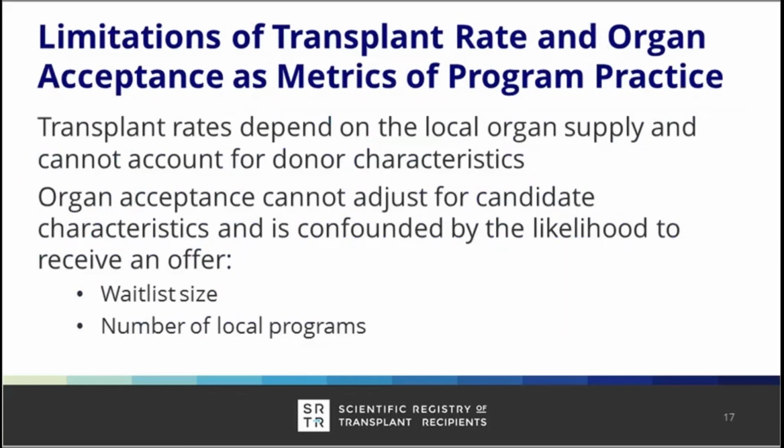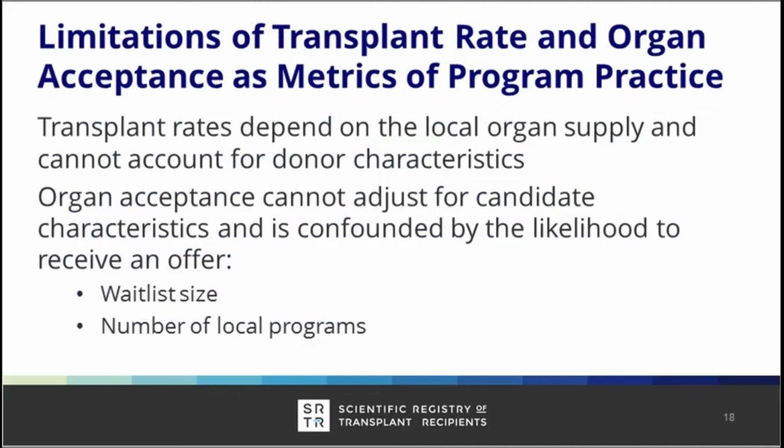So the limitations of the transplant rate, I've touched on some of these already. The transplant rate depends on the local organ supply and cannot account for donor characteristics. The organ acceptance rate cannot adjust for candidate characteristics and is also confounded by a few things. When I say confounded, I mean there's other things that are influencing this that really don't target the metric of interest, and I'll show you an example of that.